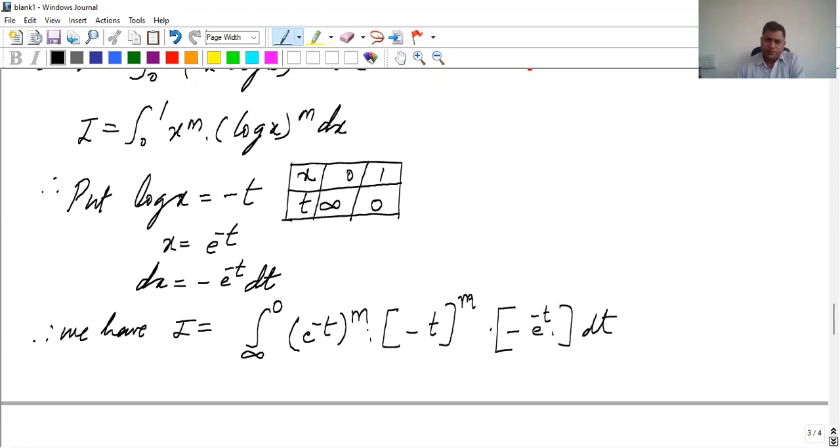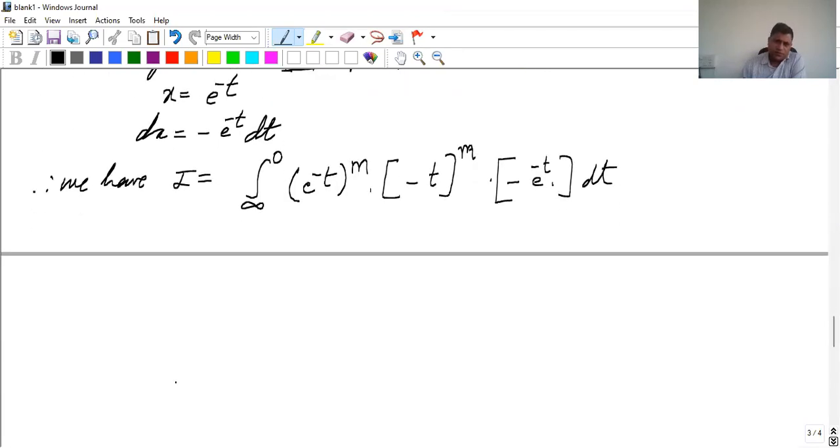Is that okay? We're getting these terms. I replace x by e raised to minus t, I replace log x by minus t, and this dx by minus times e raised to minus t dt. Is that okay?